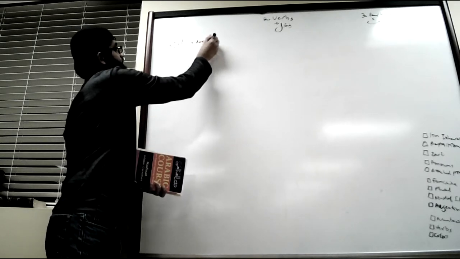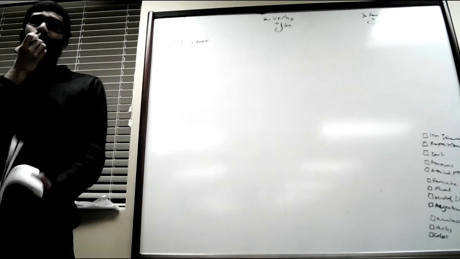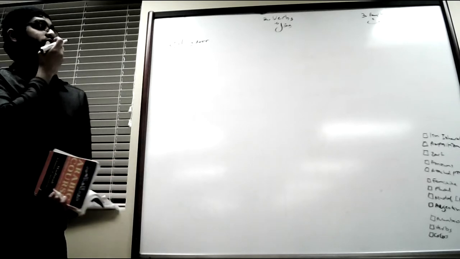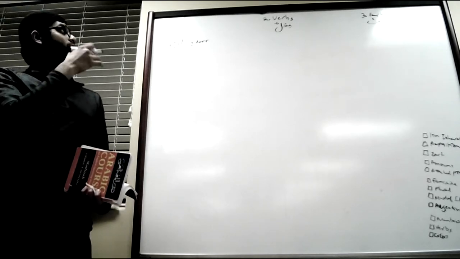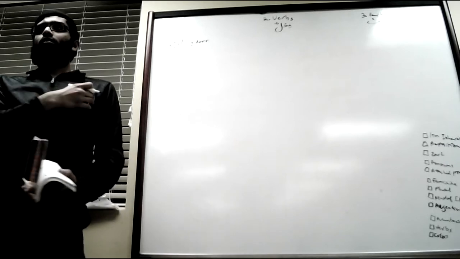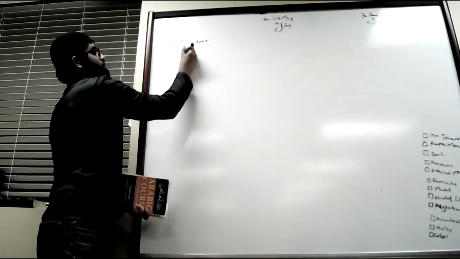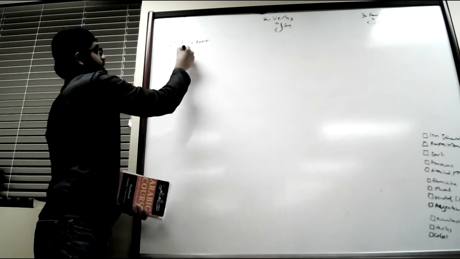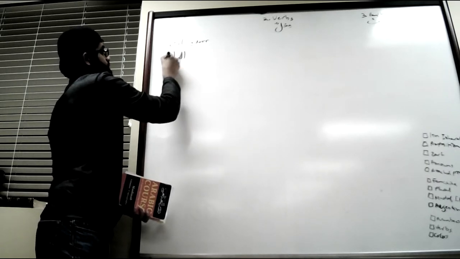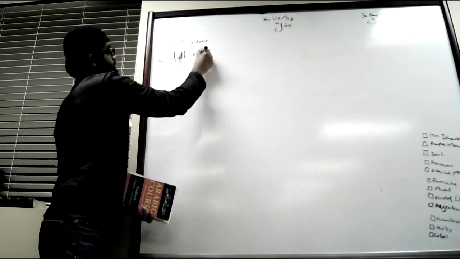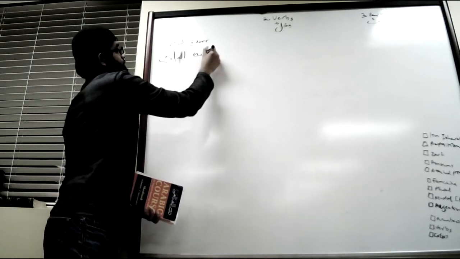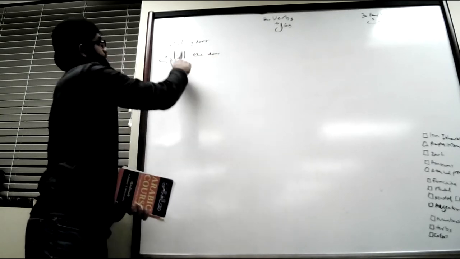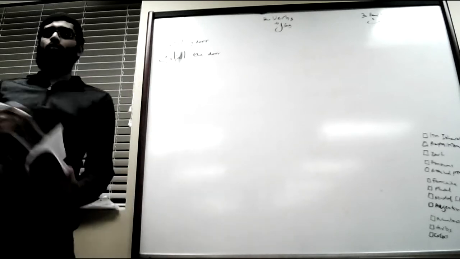If it's indefinite, it's going to have a or an. What if I want to make it definite? What do I do? Not al babun, but al babu. So when you make something specific, like the door, you put an al in front of it and you get rid of the tanween.